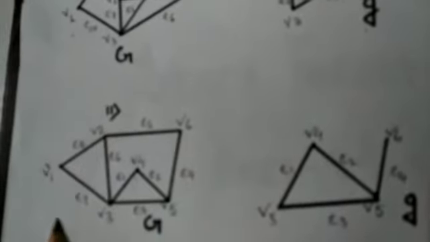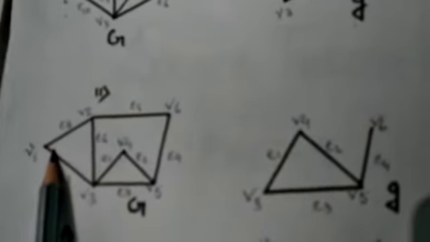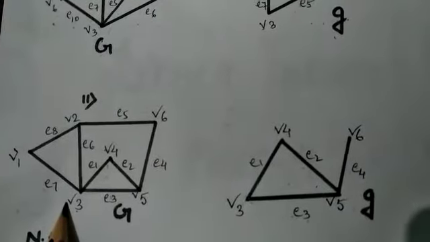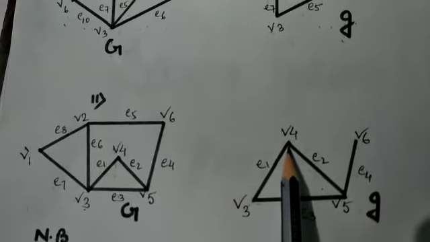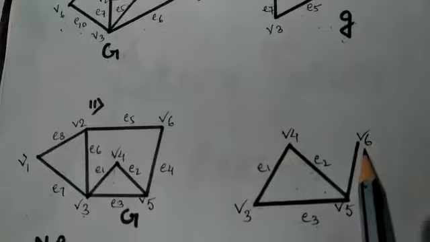We have one more example of subgraph here. We have one graph G with 6 vertices and 8 edges. So this small g is again a subgraph of this original graph G, having 4 vertices V4, V3, V5 and V6.